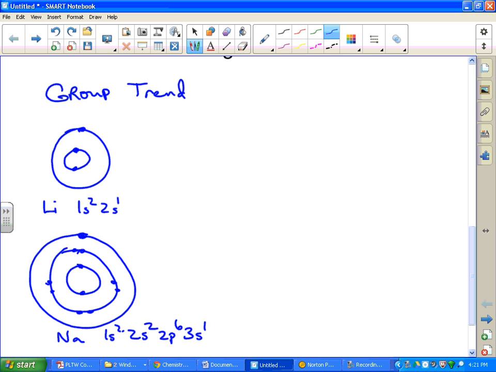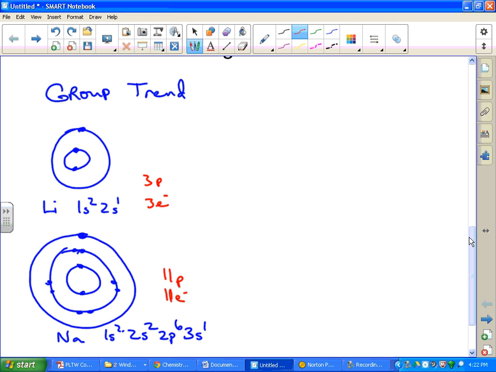Okay, so you might say, well, sodium has 11 protons and 11 electrons, so why isn't that smaller, because lithium only has 3 protons and 3 electrons? And the answer is it's not just nuclear charge that affects the atom size. In this case, we talk about the principal quantum number of the valence electron.